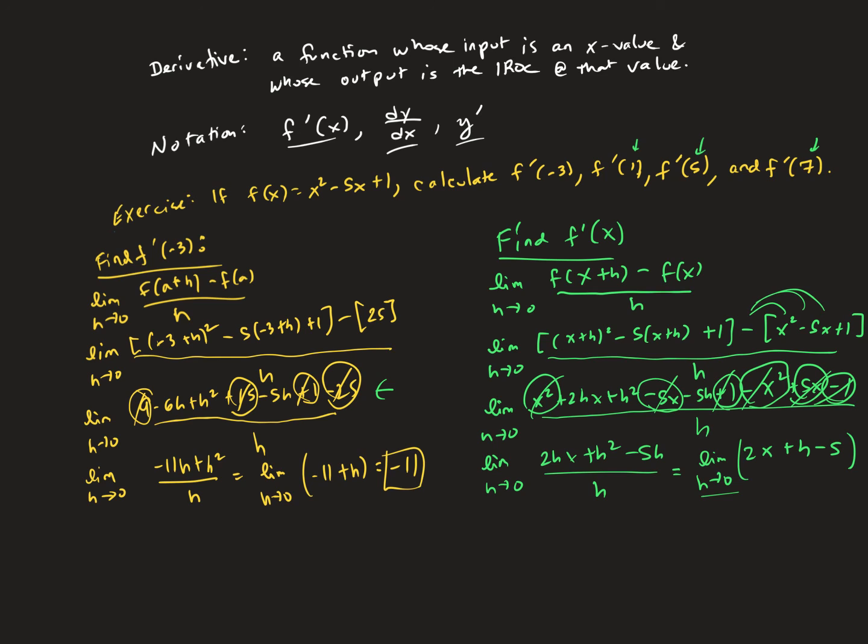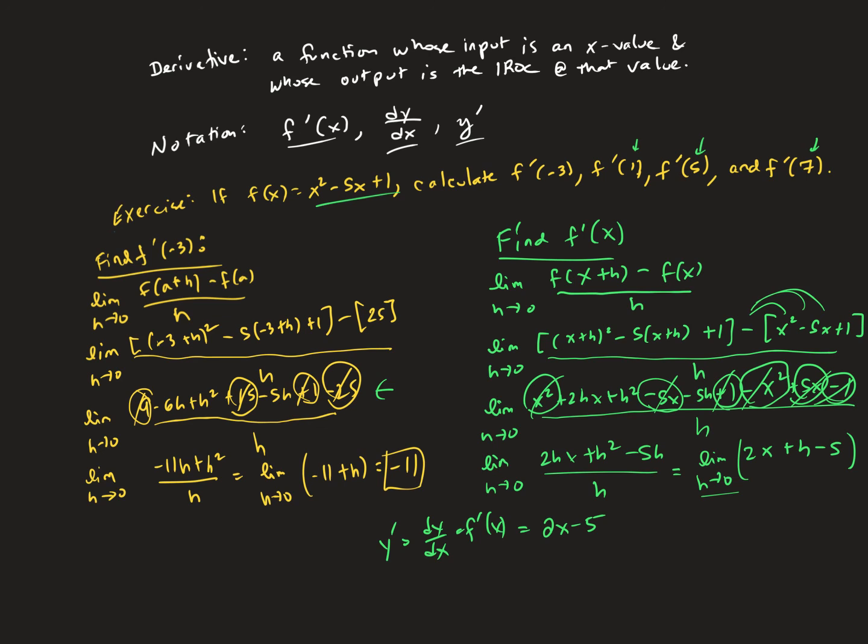So when I plug in 0 for my h, I get 2x minus 5. Now this is a formula for the tangent line slopes at every point on the graph of x squared minus 5x plus 1. So we would call this f prime of x, or dy dx, or y prime. Any of those are acceptable.